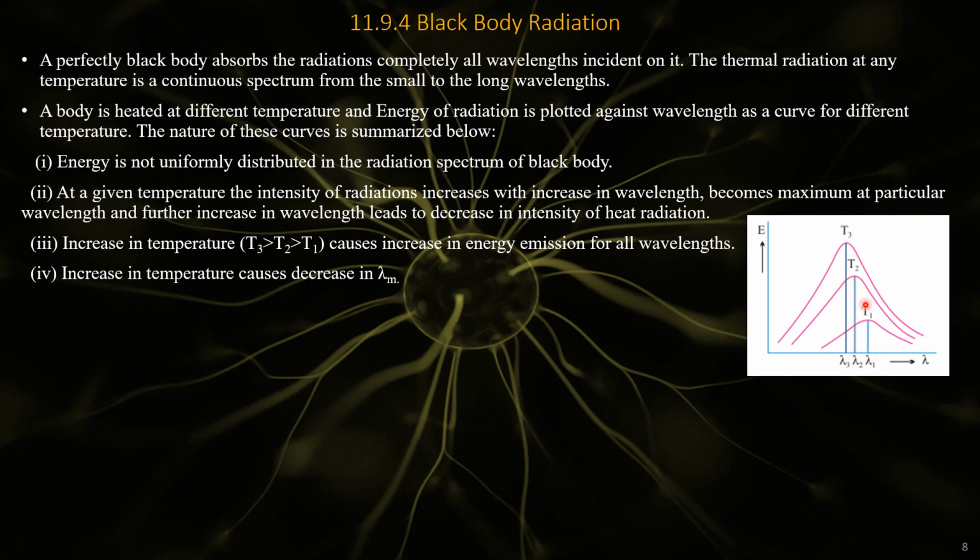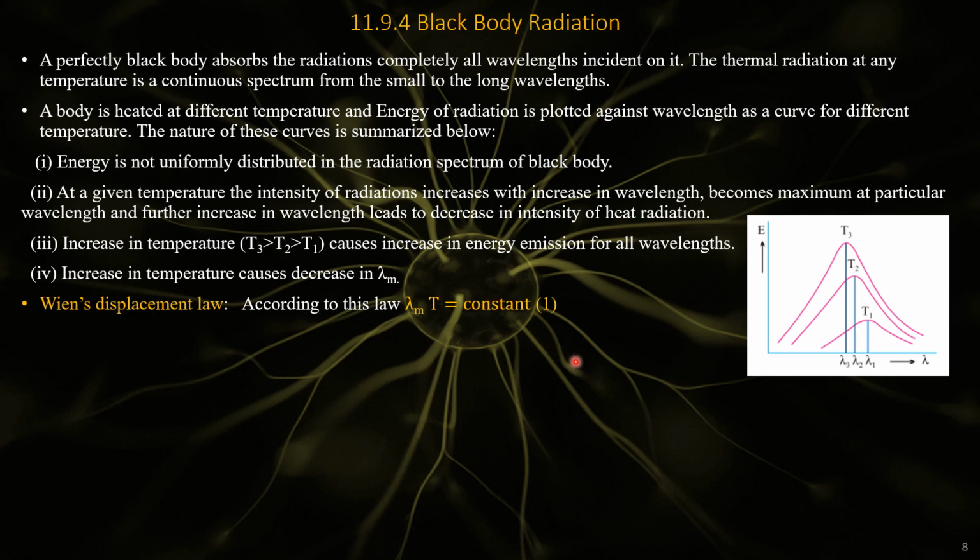T3 is higher than T2 and T1, whereas its maximum wavelength lambda 3 is less than lambda 2, which is in turn less than lambda 1. Hence, increase in temperature causes decrease in lambda m.